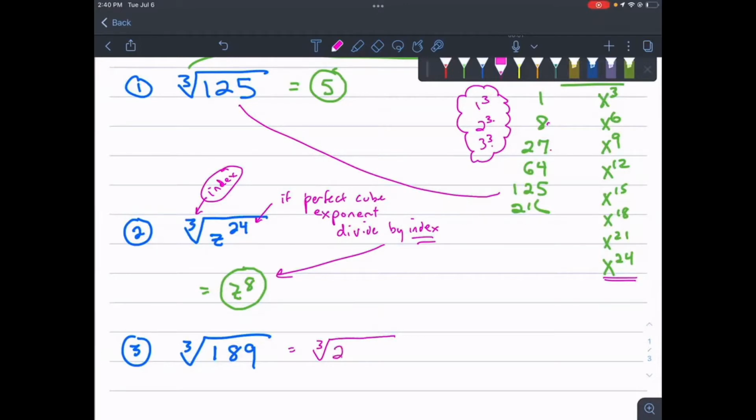So I'm going to rewrite this as 27 times 7, which is still 189, but we can see our perfect cube there. I'm going to put a line through the 27. The cube root of 27 is 3. And then the 7 is not a perfect cube, so we're just going to leave that inside.